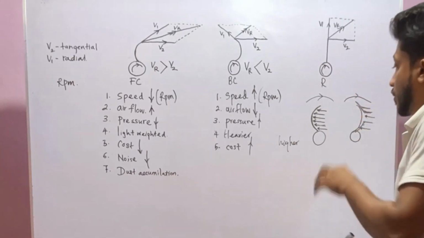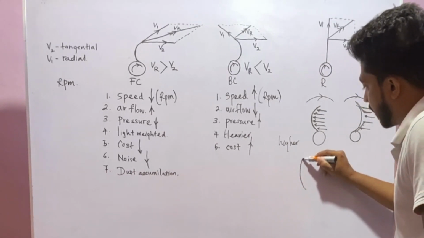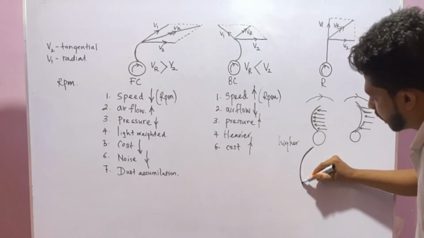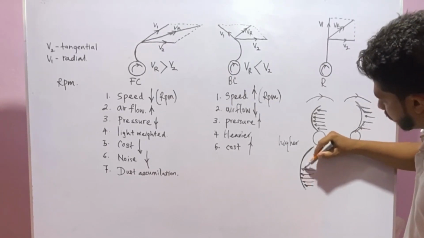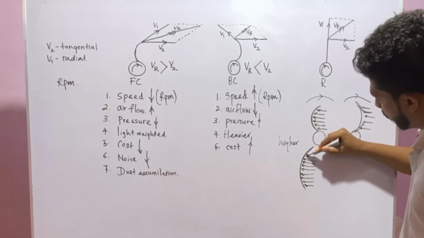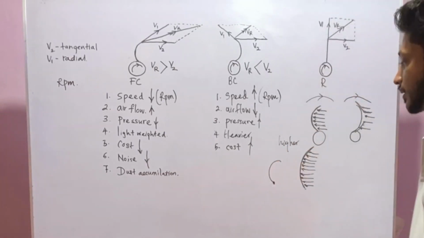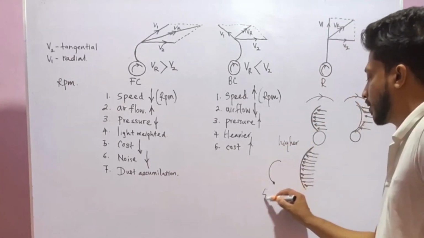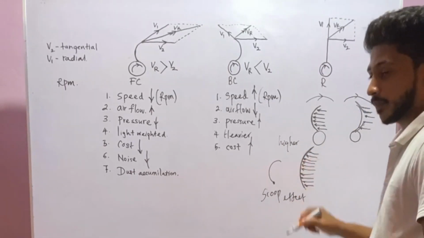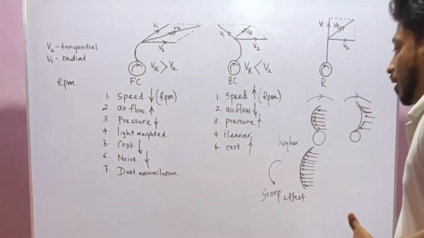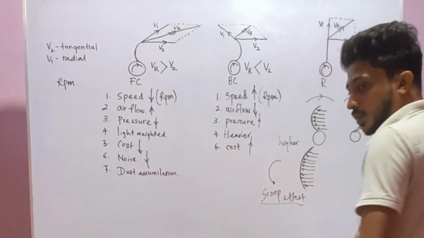So because of that, if we increase the blade length, force is greater. Force is greater because this forward curve impeller has a scoop effect. Because of that, they can handle more air. So that is why airflow is higher. We can argue from that point also.